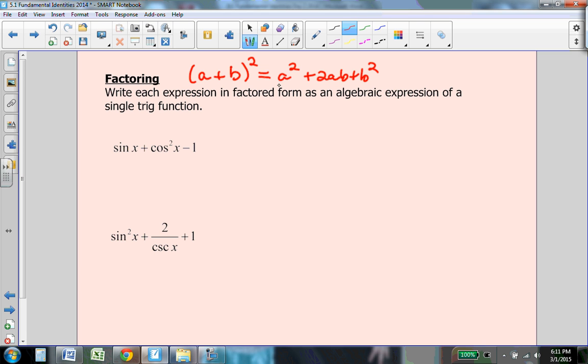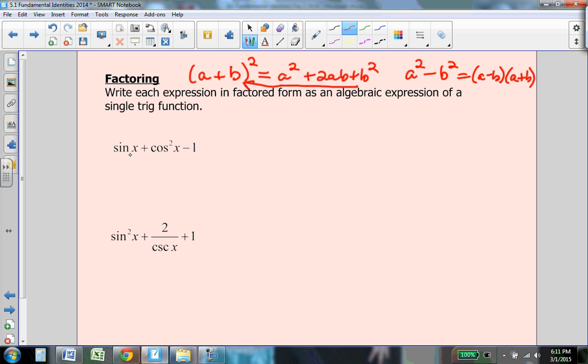So we're going to find something like this and factor it. We also may find a difference of squares, which factors into a minus b times a plus b. So we'll be looking for those patterns and applying them with our cosines and sines and whatever else we may have.